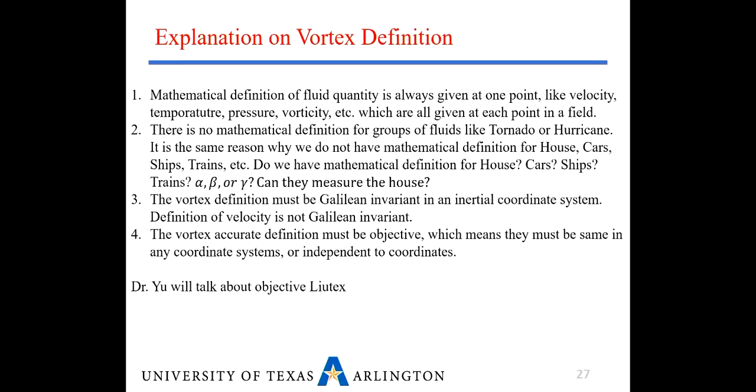It cannot change because you use a different system. I think Dr. Yu will talk about the core line and objectivity. The core line and the objective are not related to the coordinates.